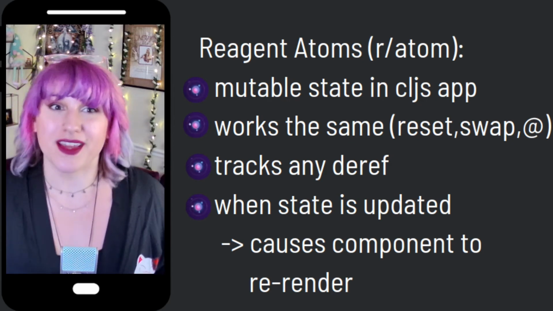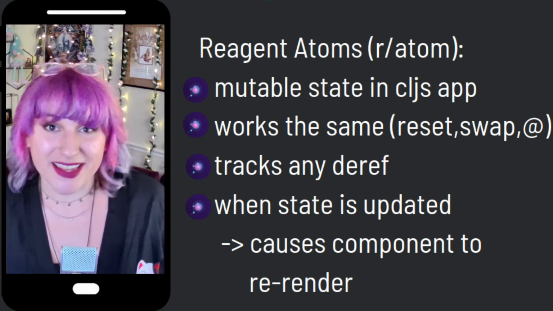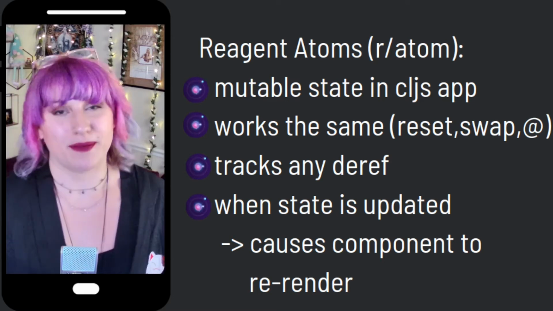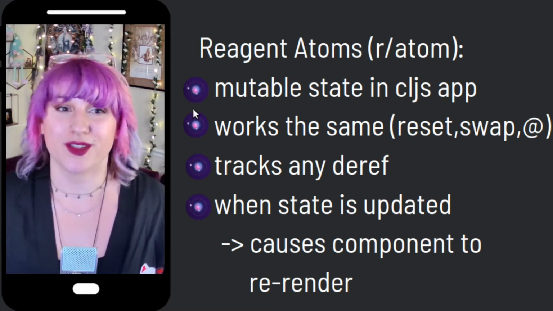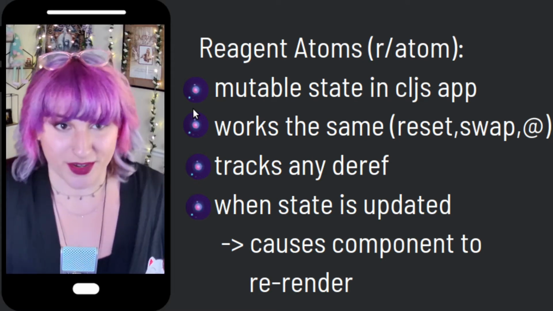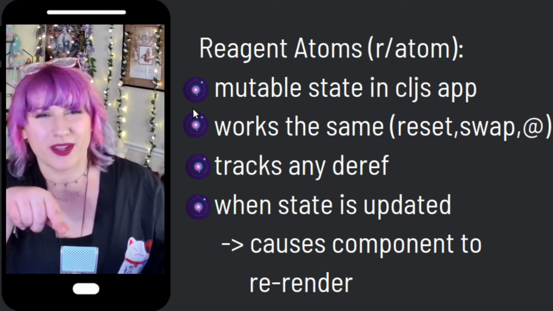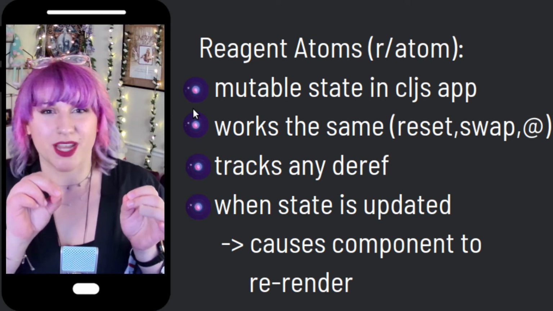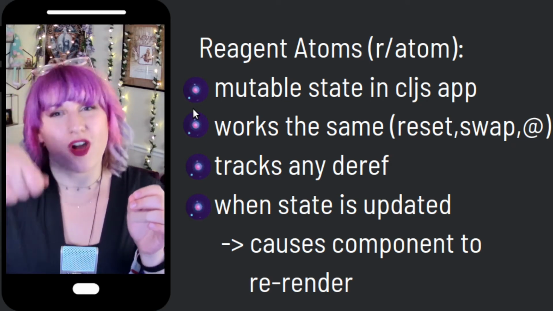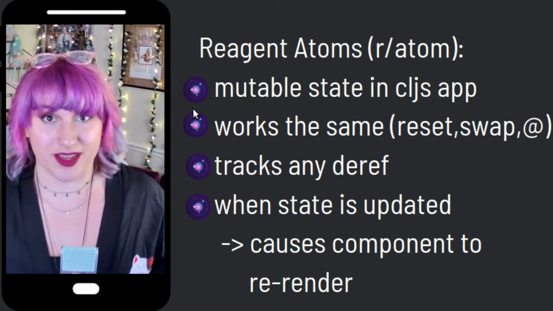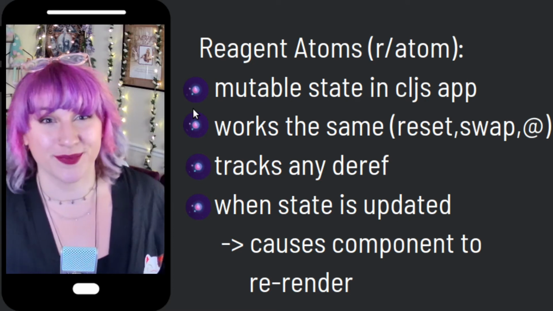But the special thing is that it tracks any deref made to it, and when the state is updated, it causes the component to re-render. So when you put this in the body of a component, when the state of the r/atom changes, it causes the component to re-render, which is what we need if we want to see a properly updated view. Cool!